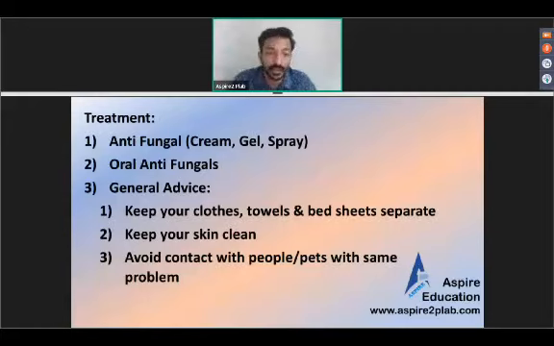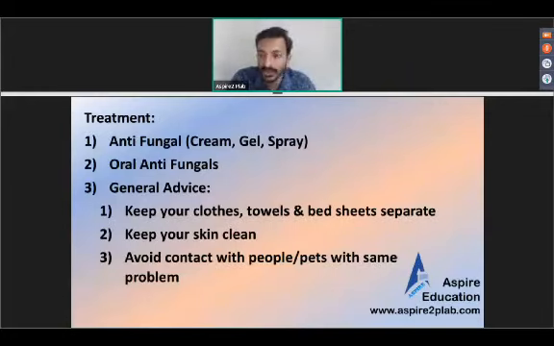They have pets at home. So ask if your pets have the same skin problem, or any skin problem actually. Avoid contact with people having any skin problem at the moment, and pets with the same problem. It is always better to give some general advice. So that was fungal infection, very important.